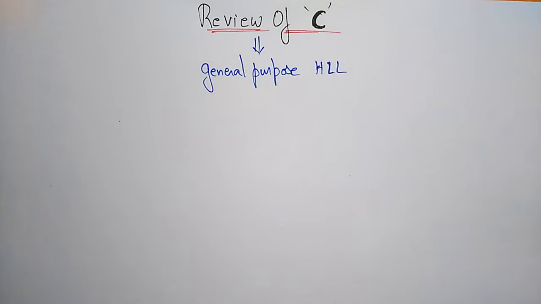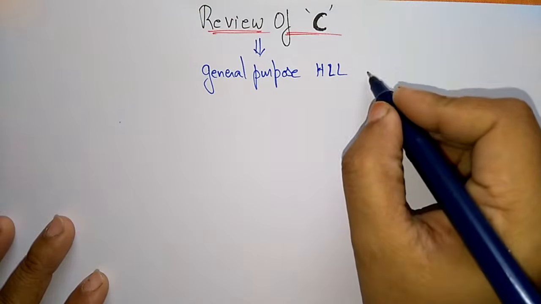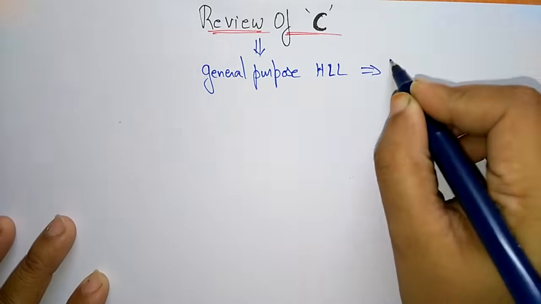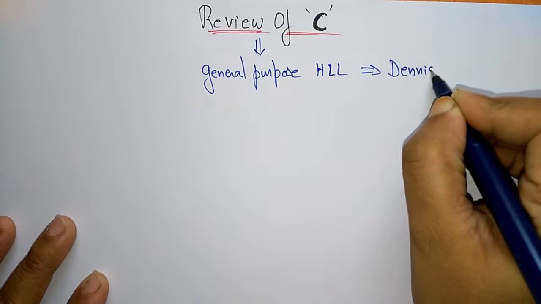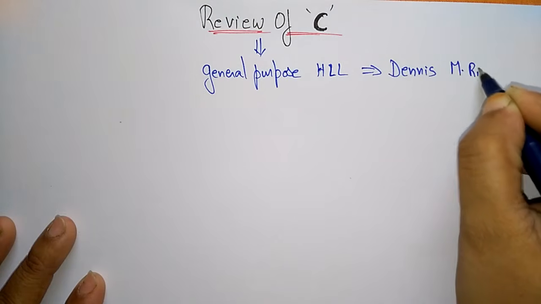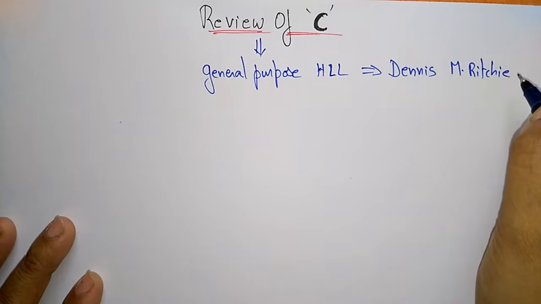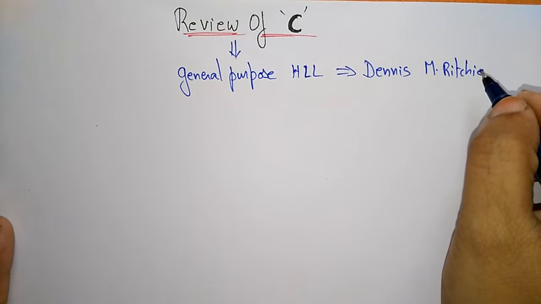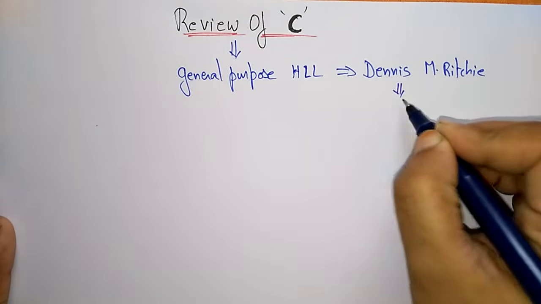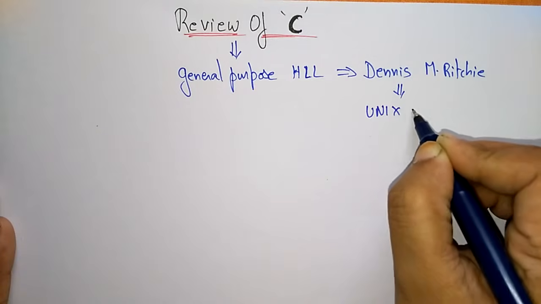It is a general purpose high level language originally developed by Dennis Ritchie. He developed C for the Unix operating system.